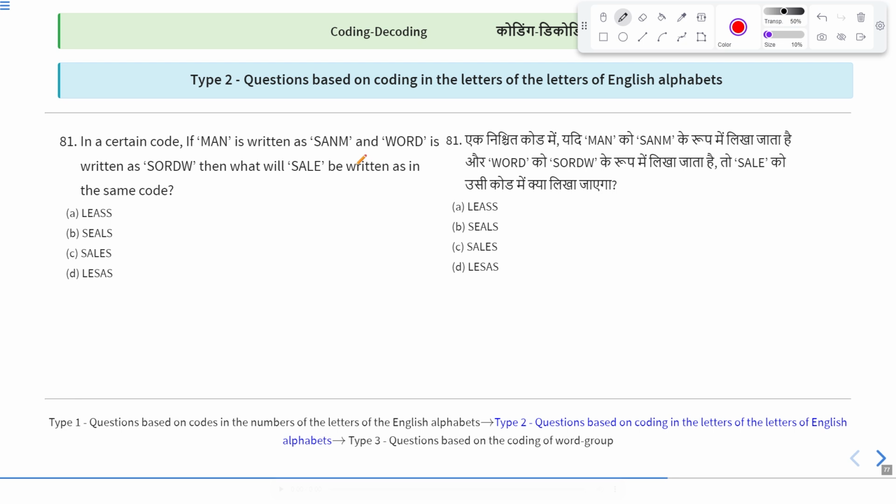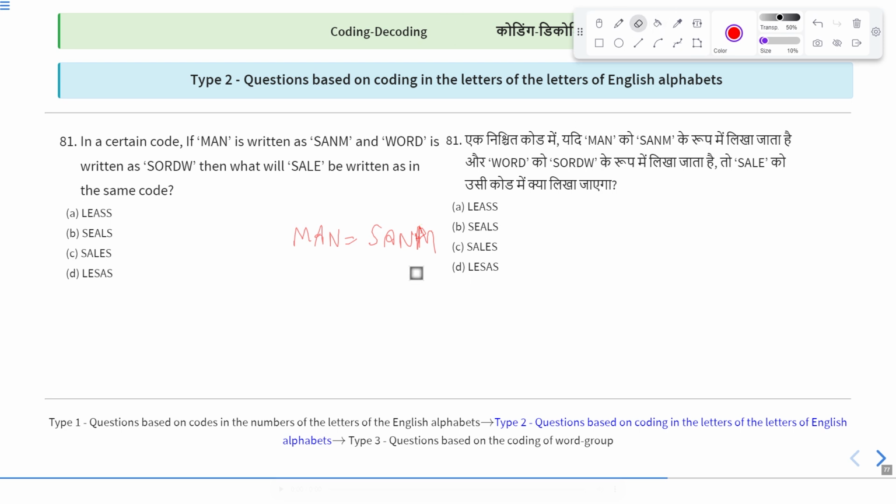In a certain code, if man is written as Sanam, hence word comes as O R T. Interesting.